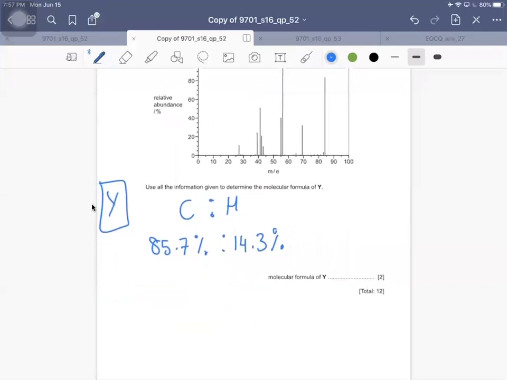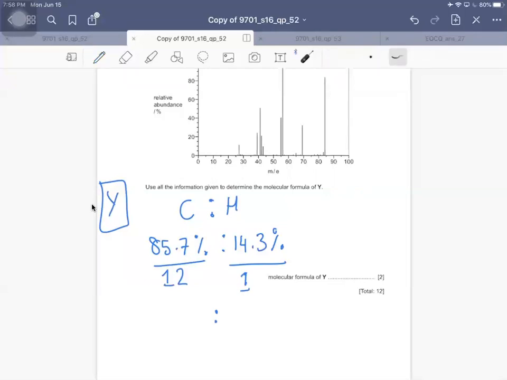I hope you still remember how to find empirical formula. Given the percentage mass, what do you do next? You divide by the AR. Carbon is 12, hydrogen is 1.